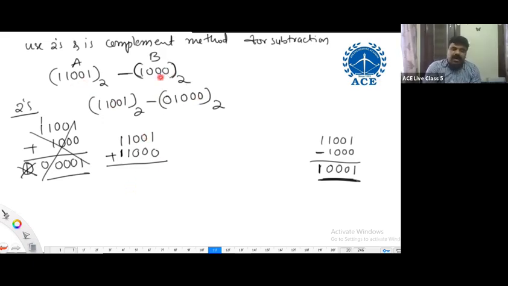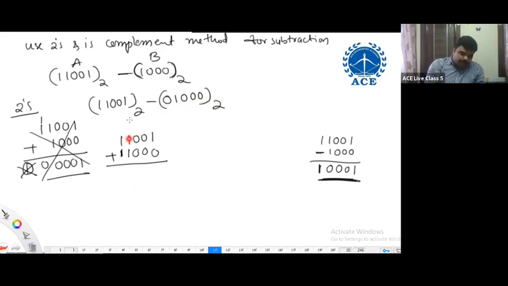A and B are unsigned binary numbers. Before proceeding to use the procedure, I need to make equal number of digits, equal number of bits. That is the reason 11001 is A. B, I have adjusted the number of bits to 5. It is 01000.